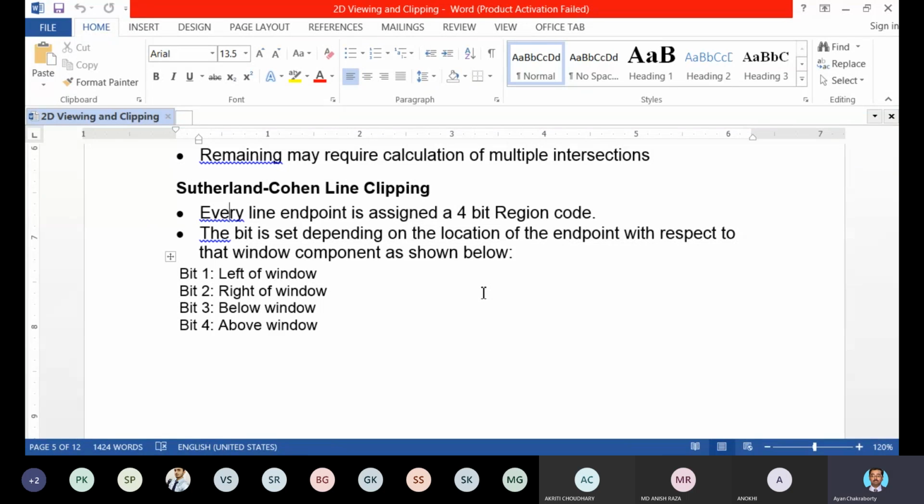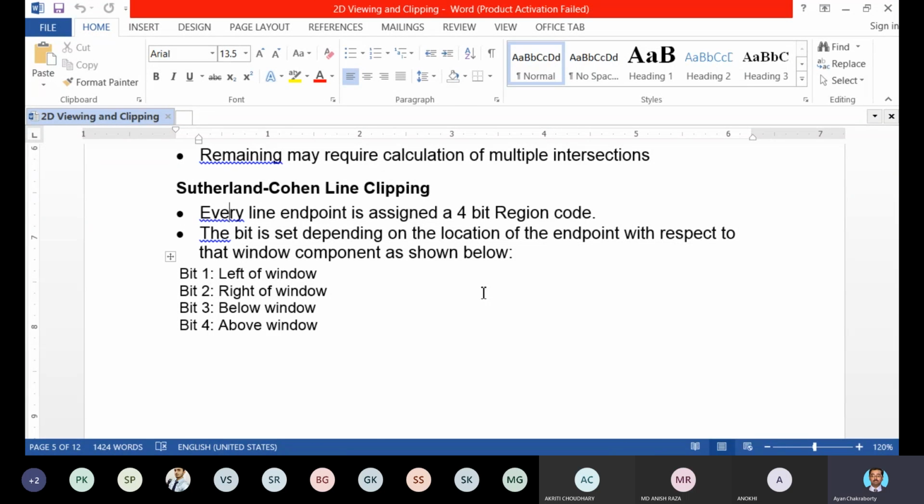Anyway, this algorithm uses a very amazing logic to find the clipping area for a line. What is this logic?